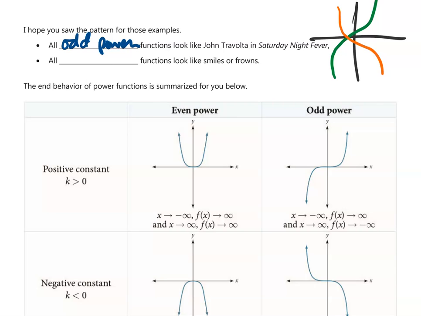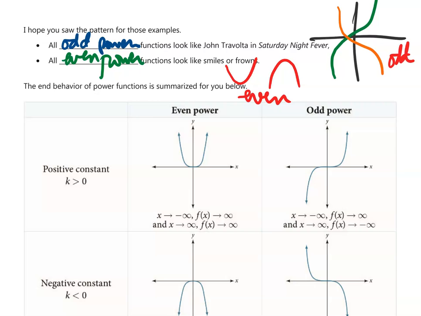So this is an odd power function. How about even power functions? Look like smiles or frowns. So always think about, this is a smile and this is a frown. So this is even and this is odd.